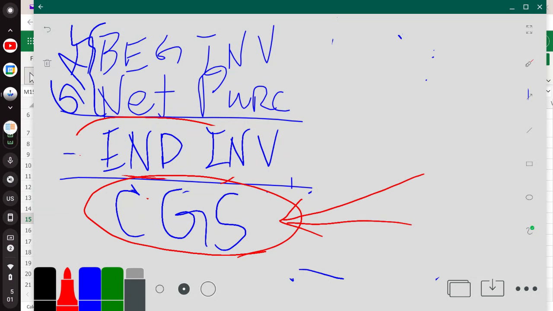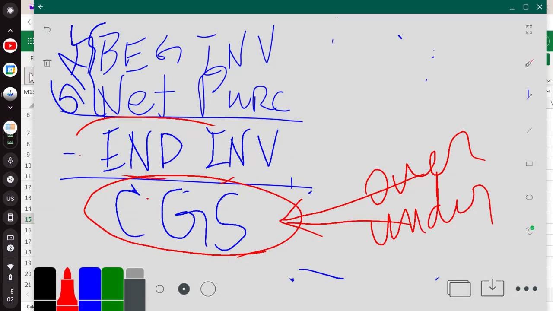But then this can be either overstated or understated, right? And most of the time, think about it, would they overstate their cost, or would they understate their cost? What do you think?